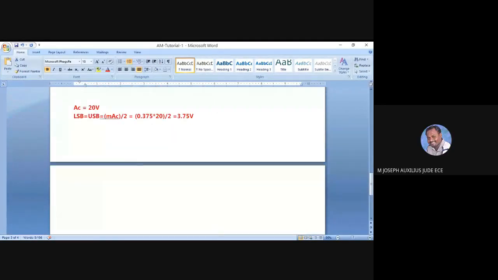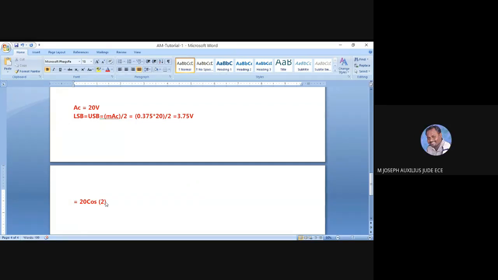What is the expression? Equation number 11, am I right? What does equation number 11 say? VAM of t equals, what is the value of AC? AC is 20, substitute the value, cos 2 pi fc t.